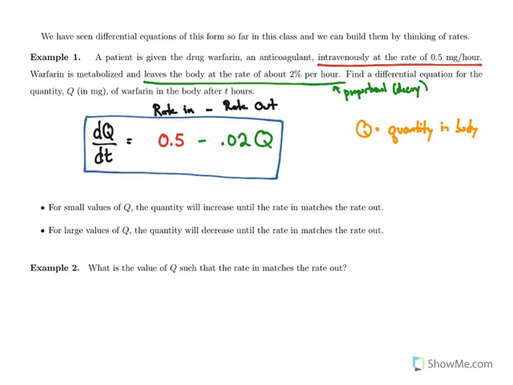And if we have a small amount of drug, like at the very beginning, we're going to be increasing the amount of the drug until those rates match each other. Similarly, if we have too much of the drug in the system, the quantity is going to decrease. The rate that is going to leave the body is going to be faster than the rate coming in until it matches the rate out. So either way, Q is going to change until we get to some level point.